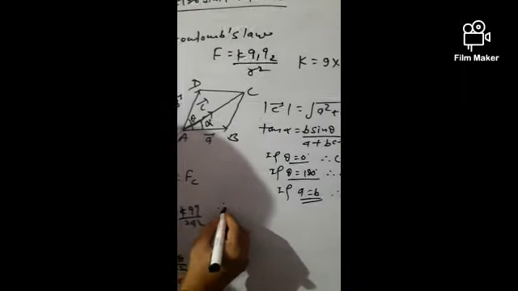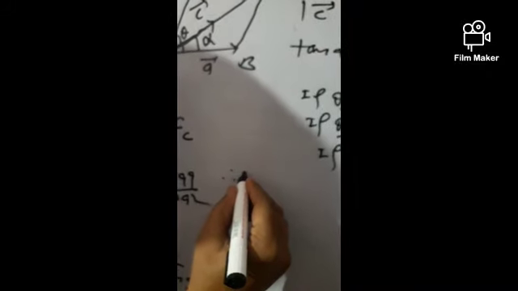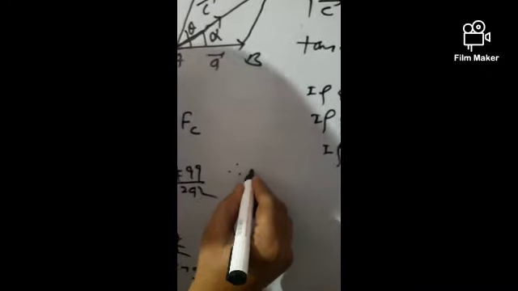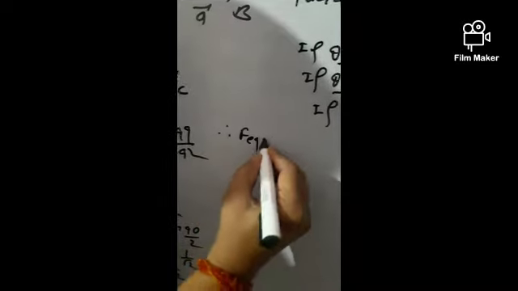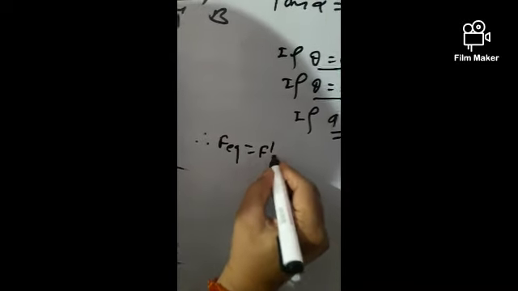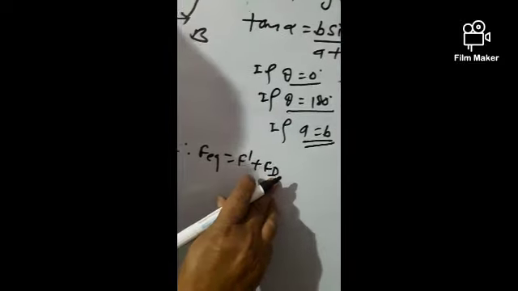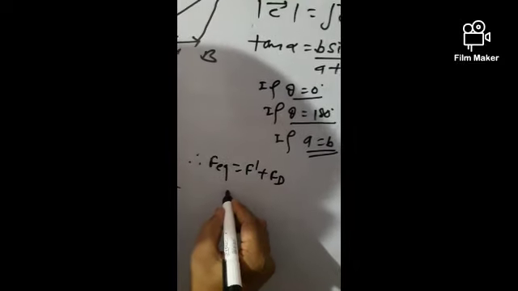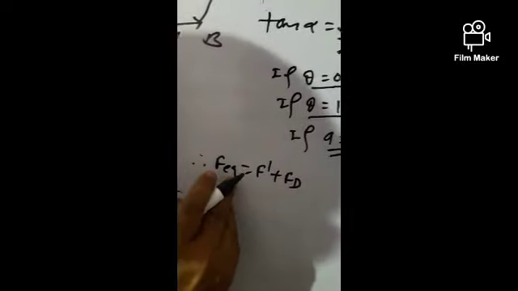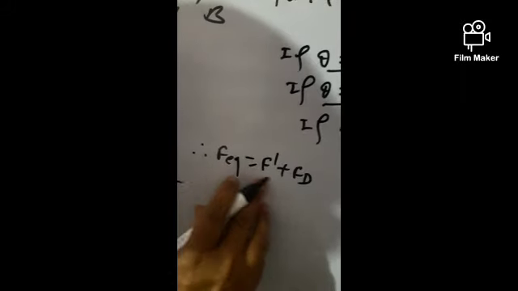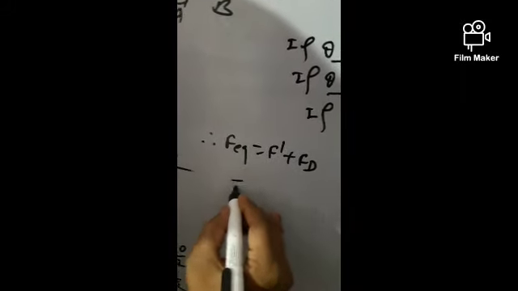Therefore net force on B due to ACD is equal to F dash plus FD. Since direction of F dash and FD are same, therefore C equal to A plus B, that means F net equal to F dash plus FD.